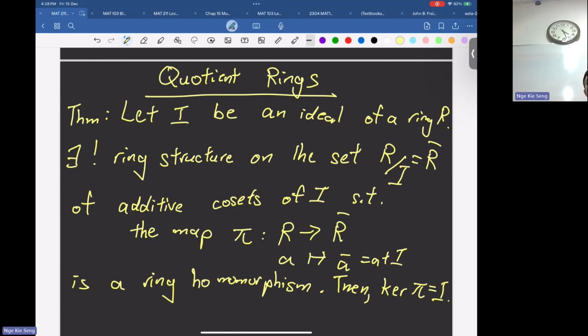So how to prove this? What do you need to do first? I think we won't write the proof, but we need to decide what to do. There exists a ring structure, so you need to define how you add the cosets, how you multiply the cosets, and then check all the ring properties, like the distributive law.